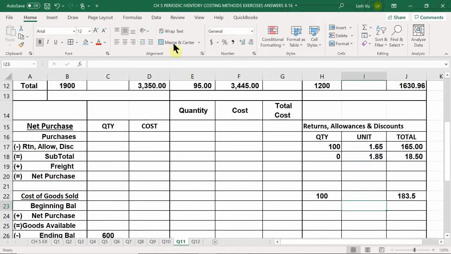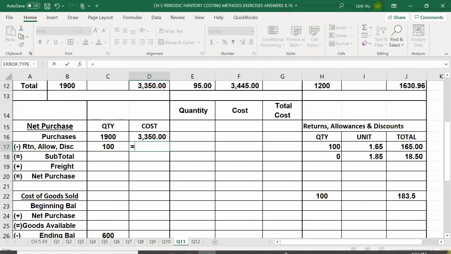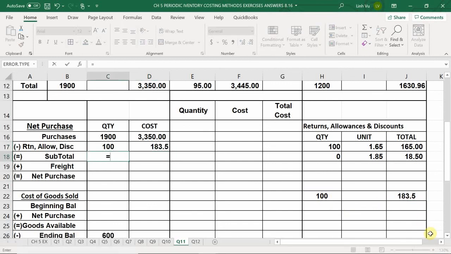So let's go ahead and plug in our numbers once again. Okay, so we purchased a total of 1,800 units at a total of $3,350. We end up returning 100 of those items at a total of 183.50. So therefore, I only have 1,800 items originally purchased.